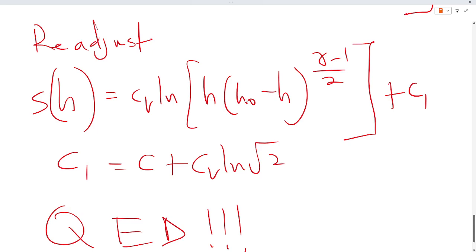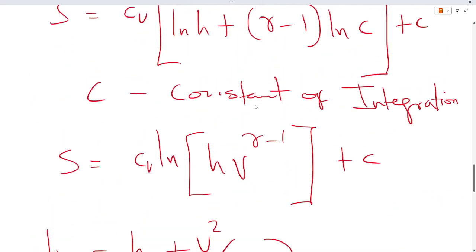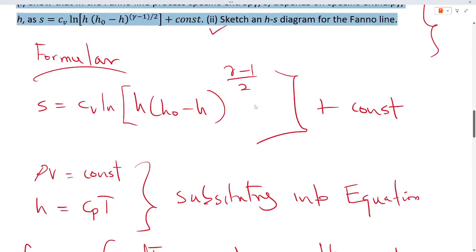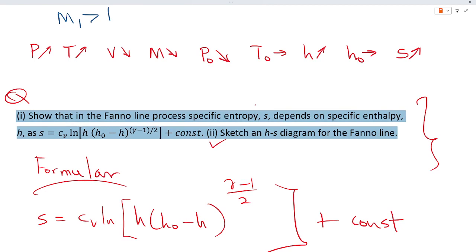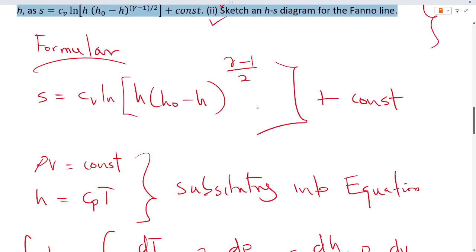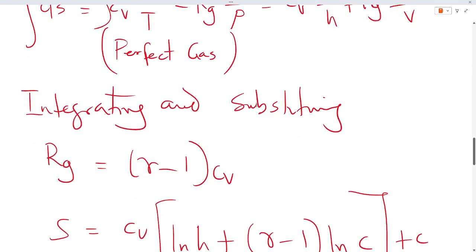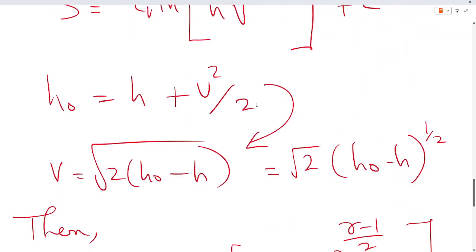Now, let us not forget from the equation that we have to sketch the HS diagram for the Fanno line, that is the enthalpy-entropy diagram.